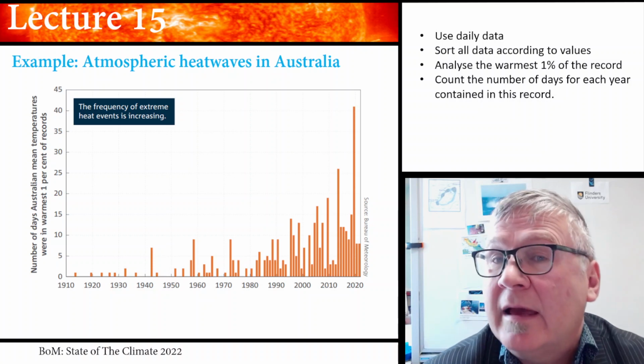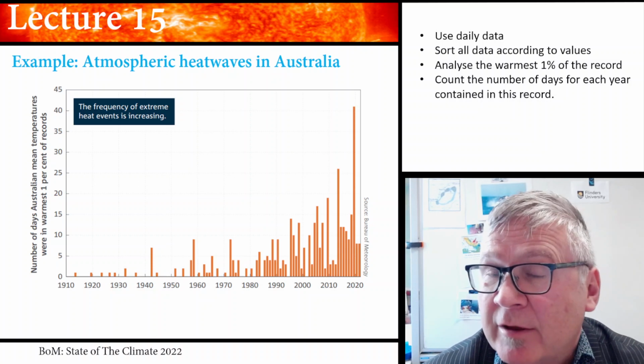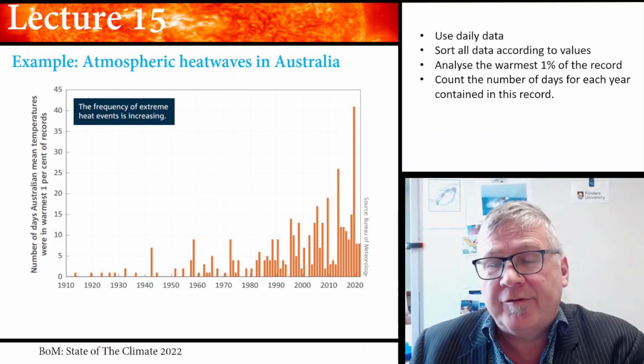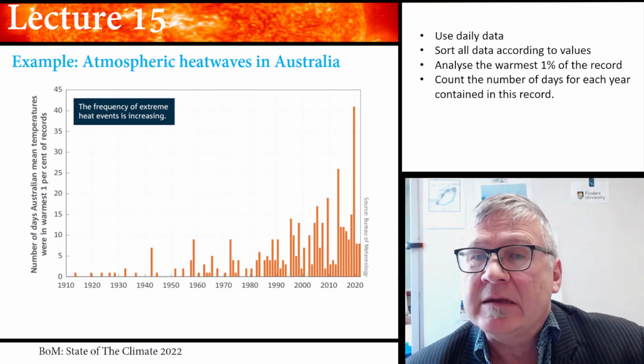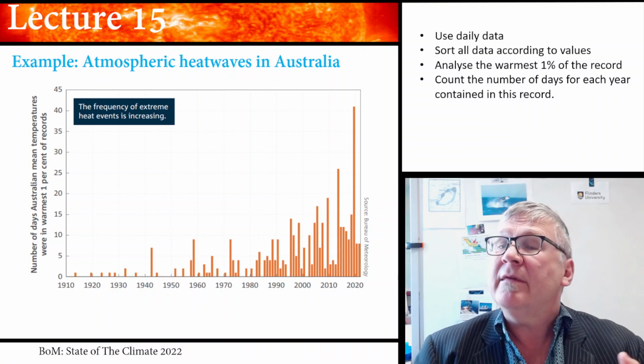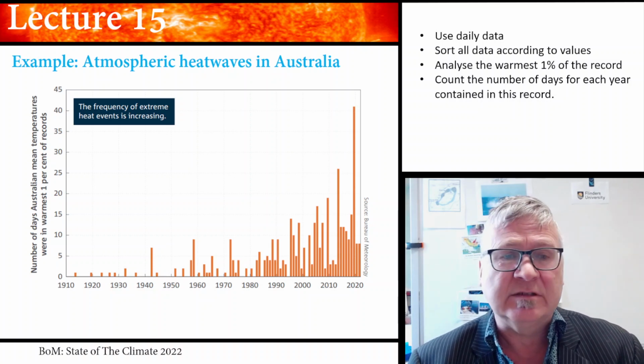And then they only looked at 1% of the record, grabbing the warmest 1% without even knowing the years or the dates. And then they counted the number of days for each year contained in the record. So this is shown here.